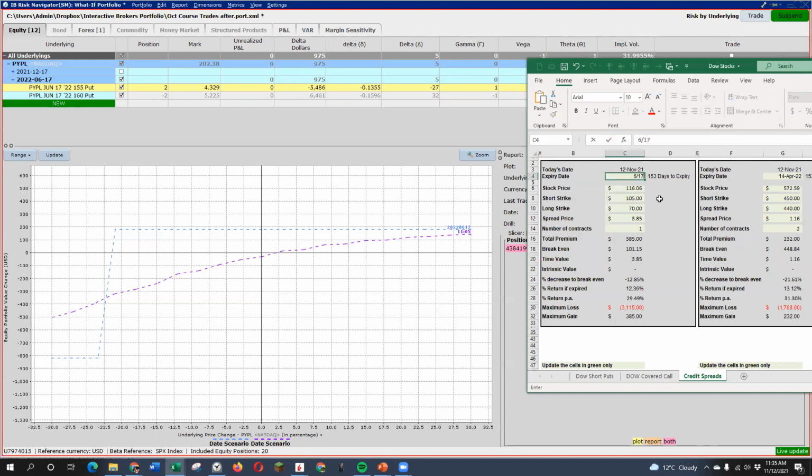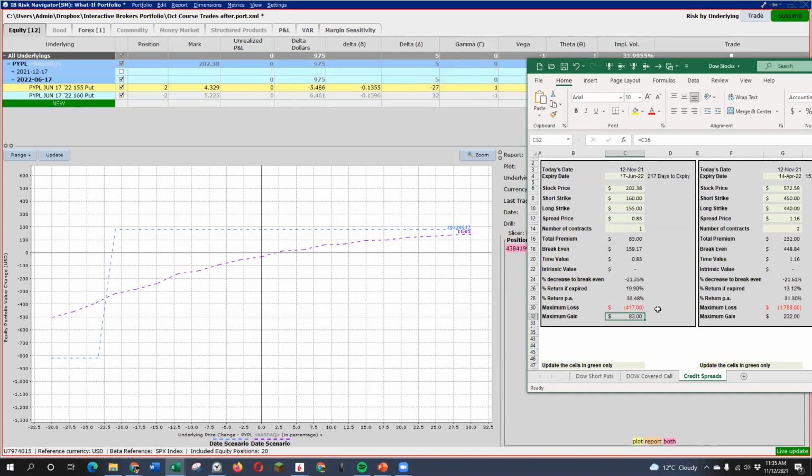So we've got June 17, 22 as the expiration date. We're short 160, we're long 155. Oh, sorry, that's the stock price, 202.38, 160, 155. And the spread is trading for roughly 5.22 minus 4.39, about 83 cents.